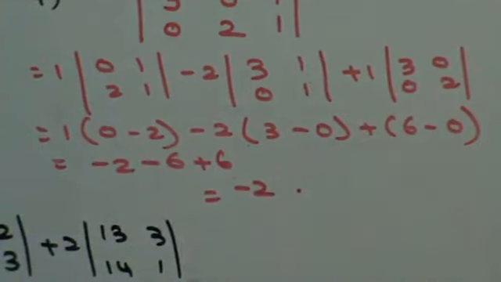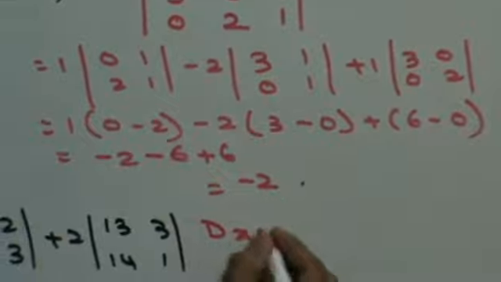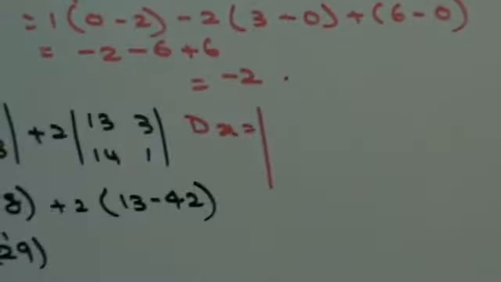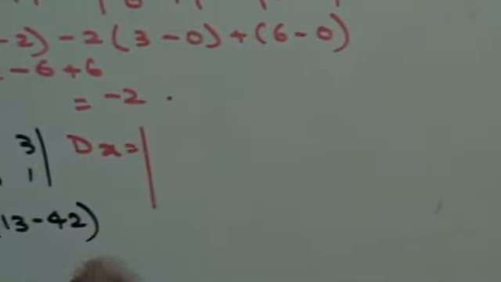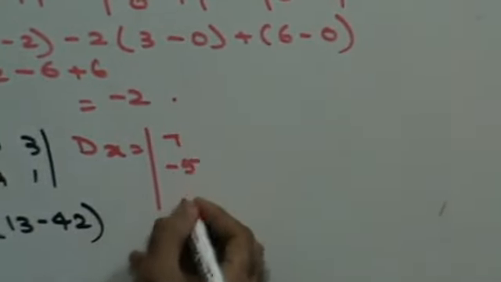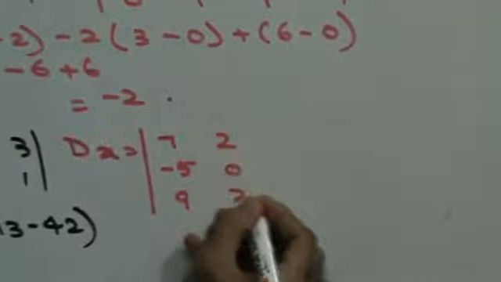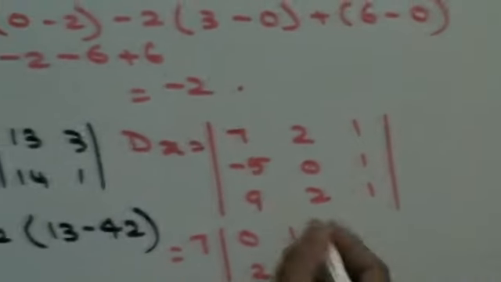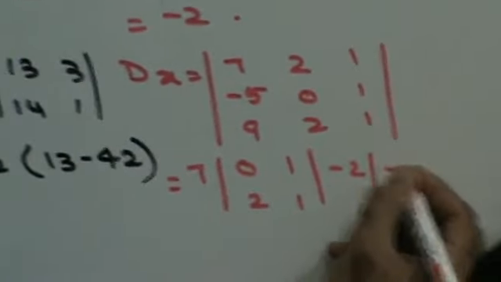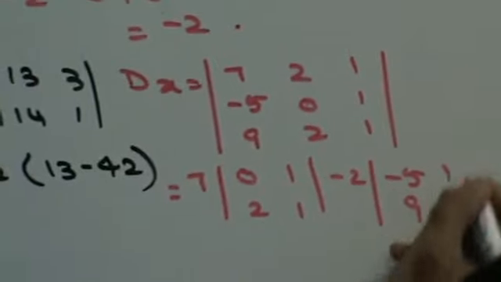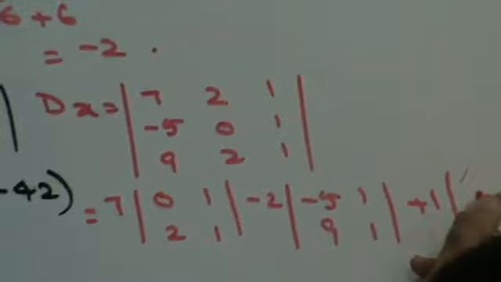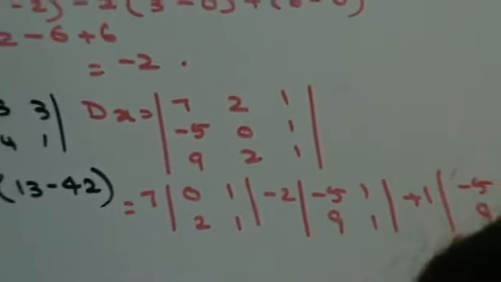Next, let's find out dx. How do I find out dx? To find out dx, I need to substitute the x coefficients with the right hand side. So this is going to be 7 minus 5, 9, 2, 0, 2, 1, 1, 1. Right? This is 7 times 0, 2, 1, 1, minus 2 times minus 5, 9, 1, 1, plus 1 times minus 5, 9, 0, 2.